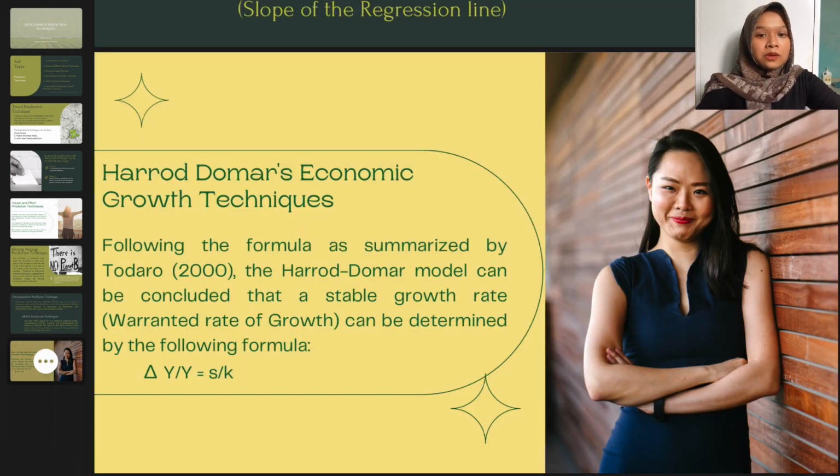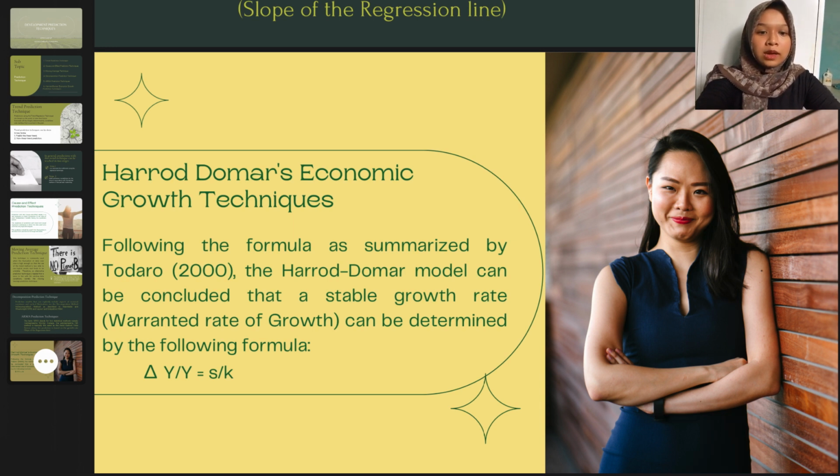And the last is the Harrod-Domar economic growth technique. The main determinants of economic growth are investment, or I, and the technology used in carrying out production activities. The type of technology used is reflected in the ICOR, or incremental capital output ratio, a coefficient value specific to the region or country concerned.